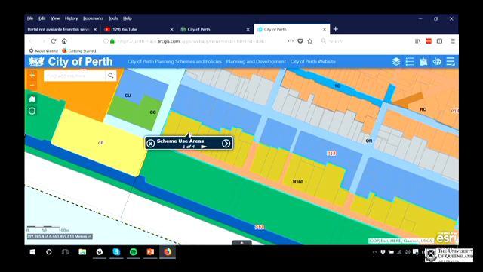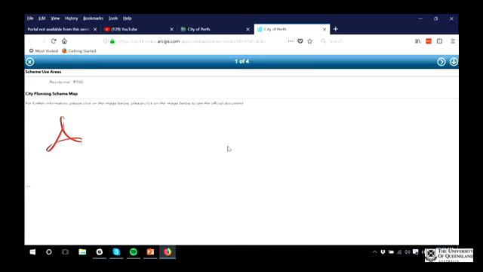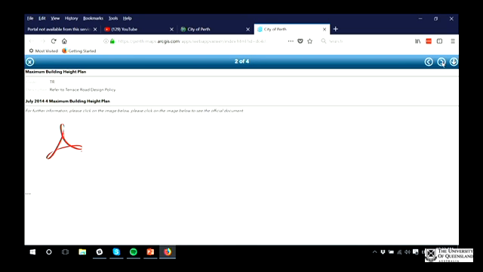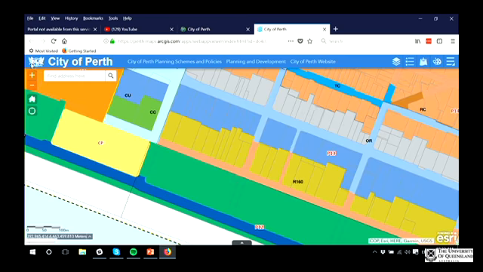In this case, that's just a random property, and this gives you the maximum building height. It says, refer to Terrace Road design policy, so there's a policy you can go and refer to. Some of them do specify an actual height, if I can find one.